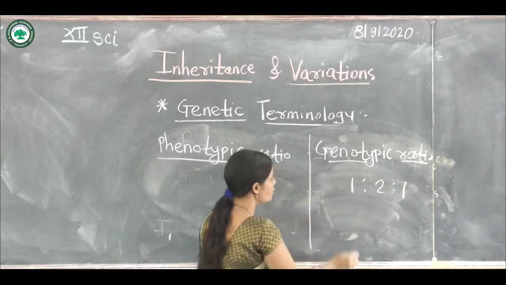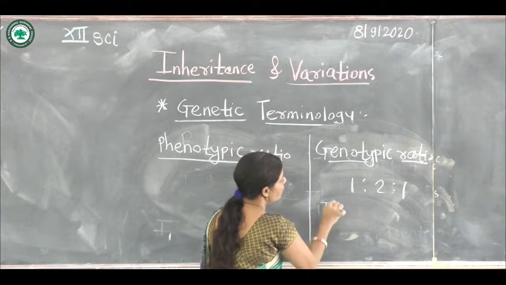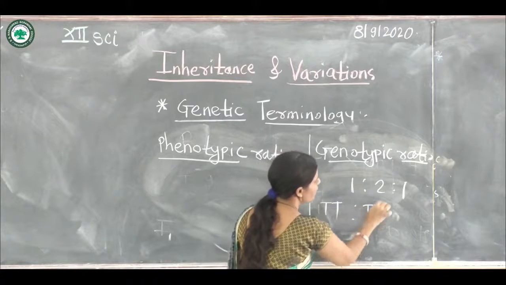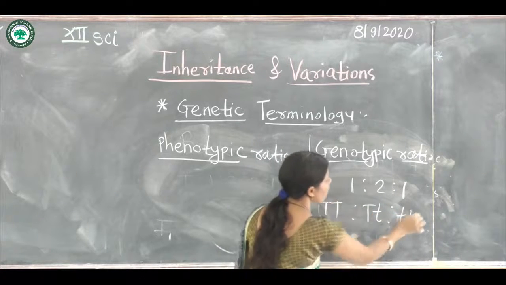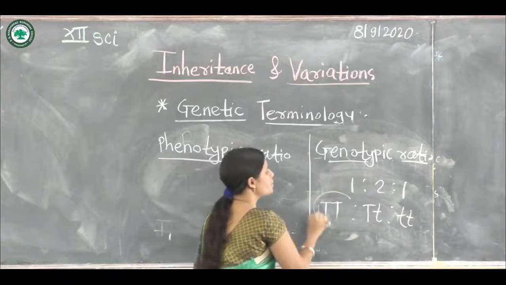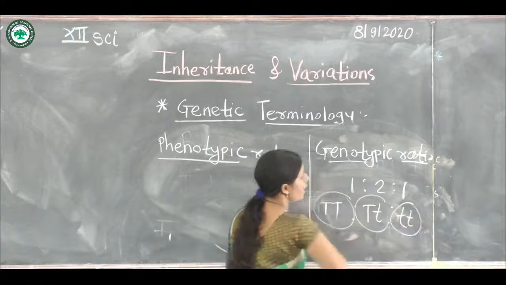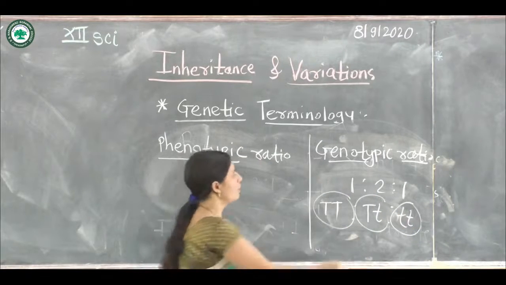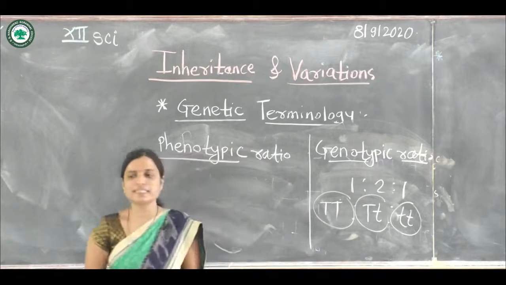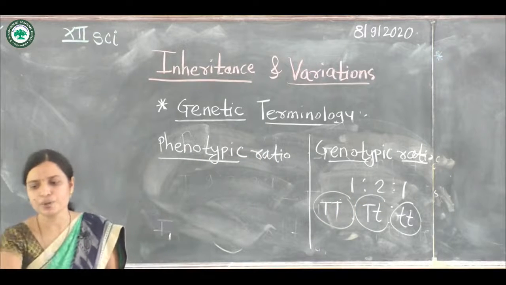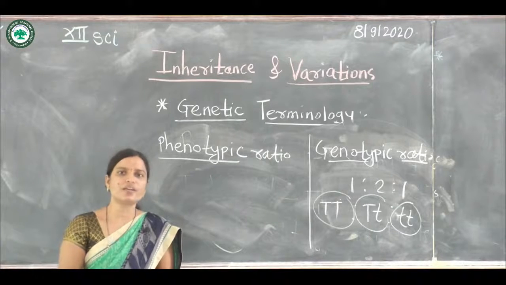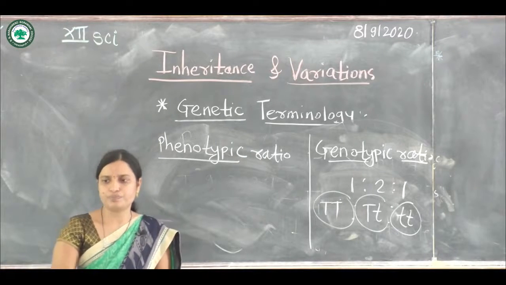The genetic constitution is capital T capital T, capital T small t, and small t small t. This is the genetic constitution of an organism, and the ratio is 1:2:1. This is a genotypic ratio and it occurs in the F2 generation.